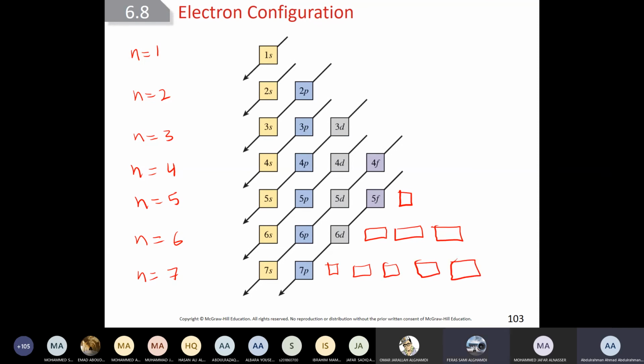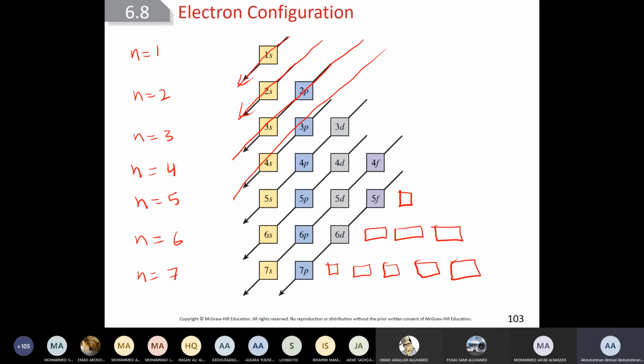But since we're not going to reach these, we're not going to put them, or you can keep them. And then I wanted to show how to draw the arrows like this. Start from the top, going down, top, going down, top, going down. And that's how the orbitals are arranged.